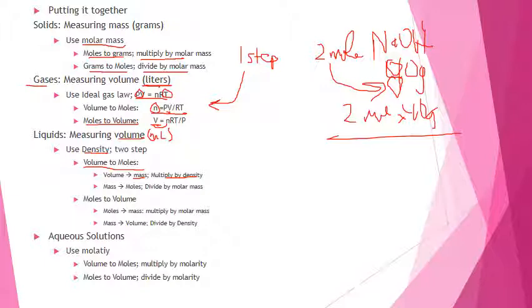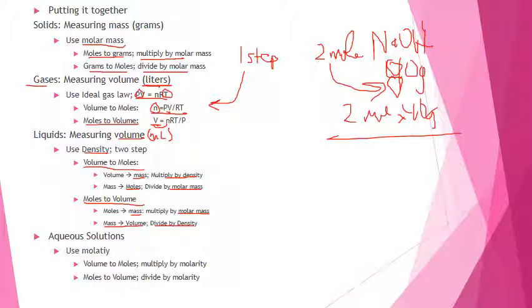Then, with the mass, you can figure out how many moles that is by dividing by the molar mass. If you want to go from moles to volume, you first figure out how many grams that is, so you multiply by the molar mass. Then from mass to volume, we use density, in this case dividing by density.